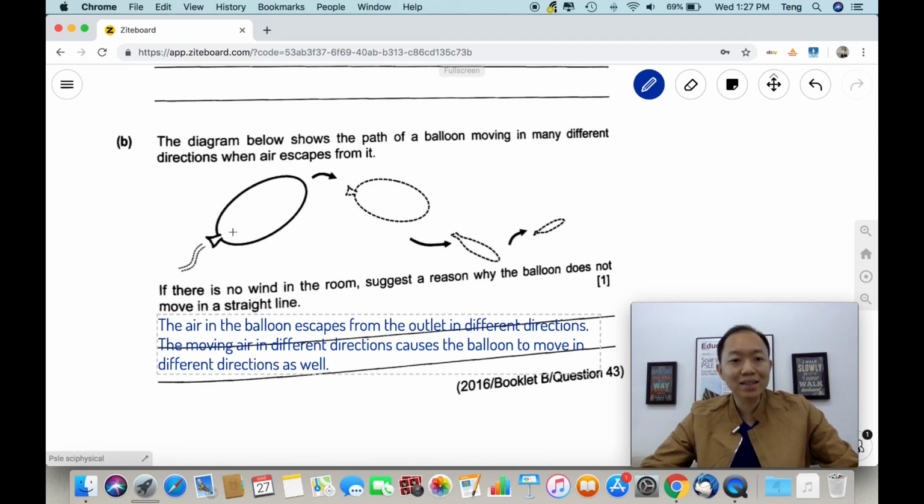So the idea is that air comes out here. I don't think I would get the whole thing wrong, but the correct answer is that the balloon changes shape, and because it changes shape as it's traveling through the air, the different shape of the balloon causes it to move in different directions.